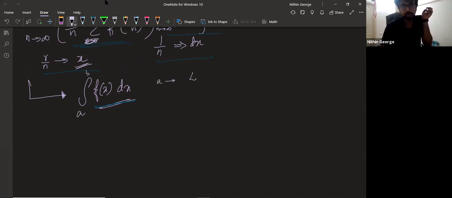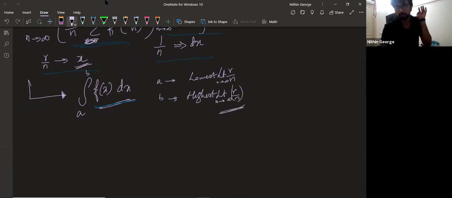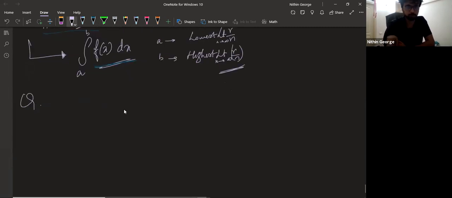A is the lowest value of r by n when n tends to infinity, and B is the highest value of r by n. So x is what is moving from A to B. It'll all make sense to you now, don't worry. Just note it down for now.